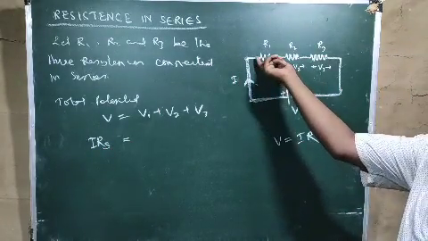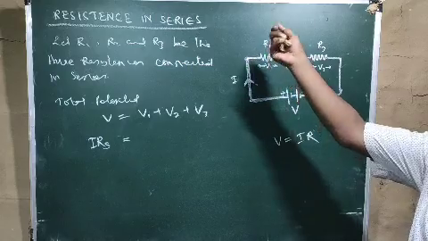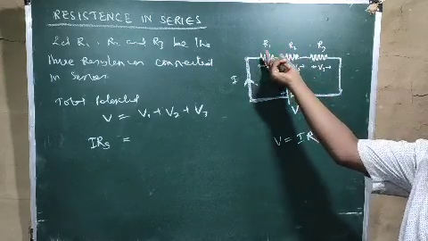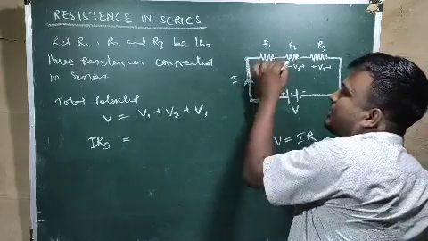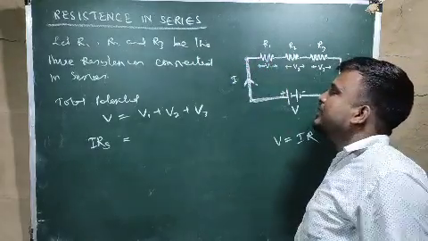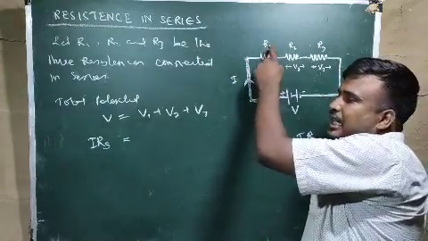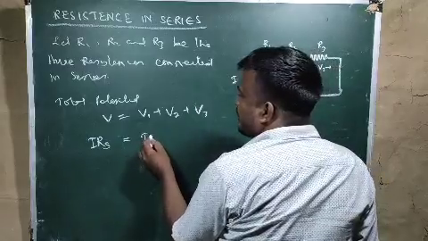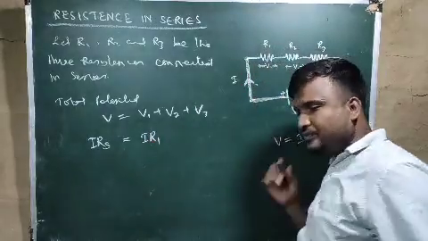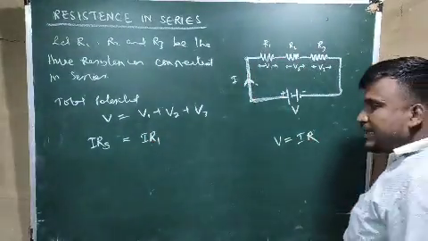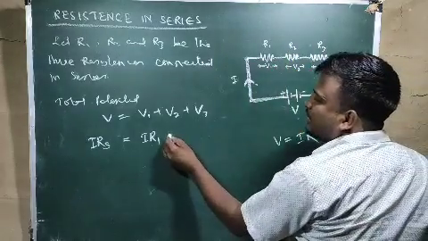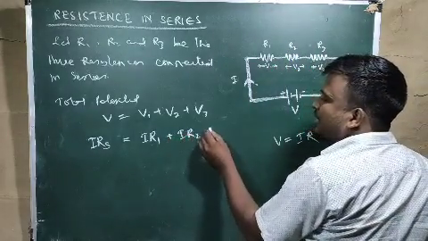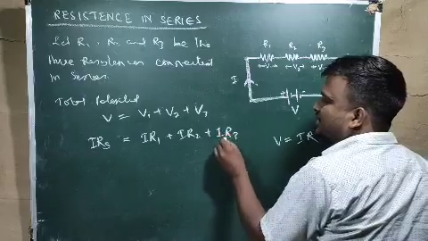So what will be the potential difference across R1? According to Ohm's law, the potential difference between any two points is the product of current and resistance. Across this resistance, I amount of current is going, and the resistance is R1, so the potential difference across R1 will be IR1. Similarly, the potential differences across R2 and R3 will be IR2 and IR3.